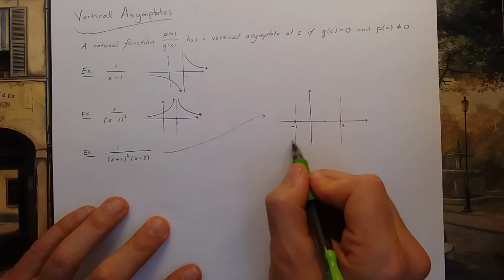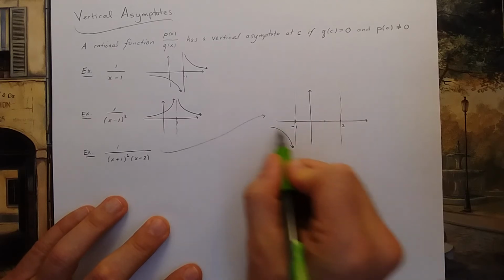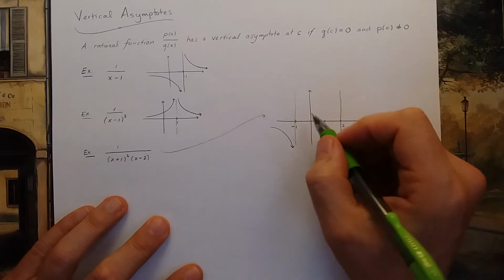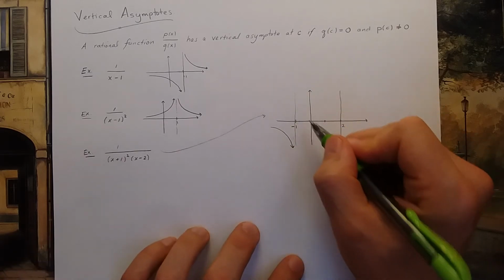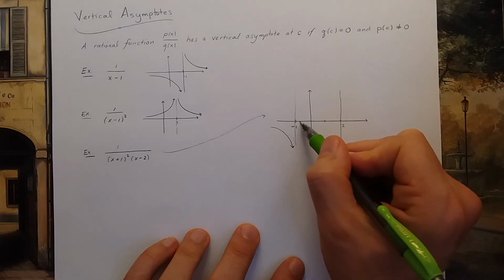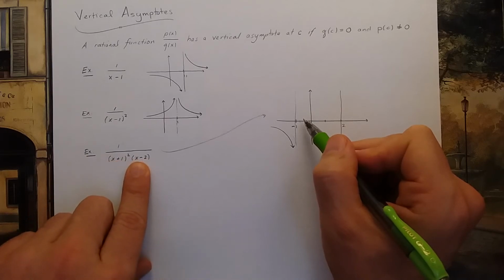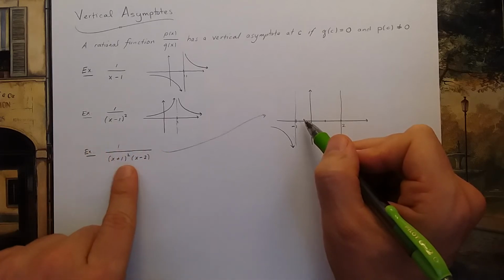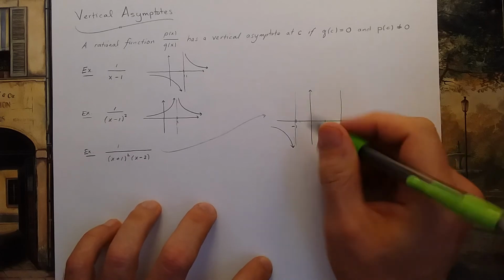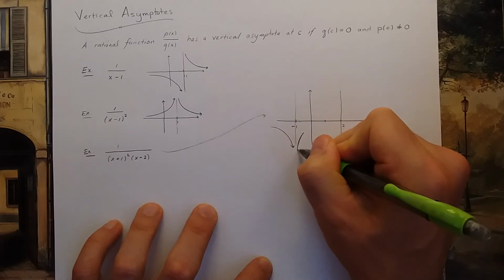So numbers to the left of this asymptote are negative, meaning the graph must be getting smaller and smaller here. If I plug in a number a little bit to the right, like negative 0.9, this term is positive still. This second term is still negative, so the whole term is negative. So again, if I'm on the right of this asymptote, I get a negative. So it goes like this.